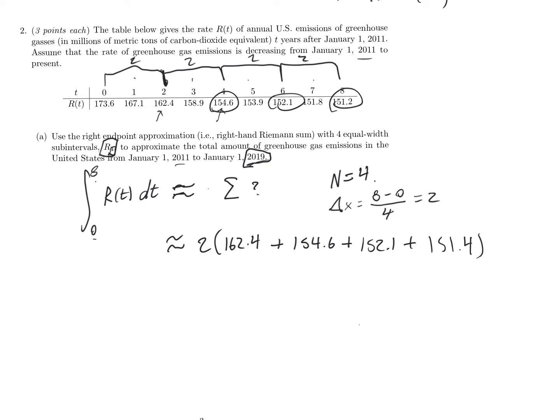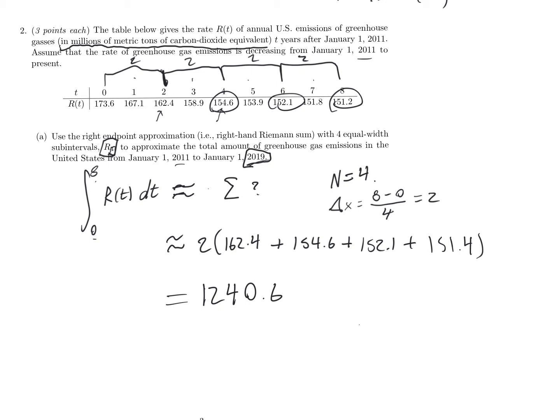Okay, and if we throw that into a calculator, this yields 1240.6. Wait, but what's my unit on this? I'm glad you asked. So what R of t tells us, its unit is millions of metric tons per year, right?